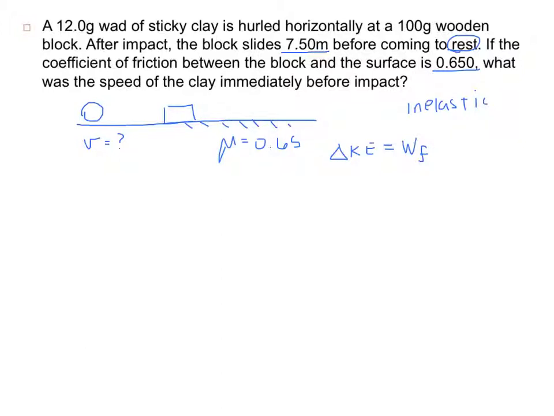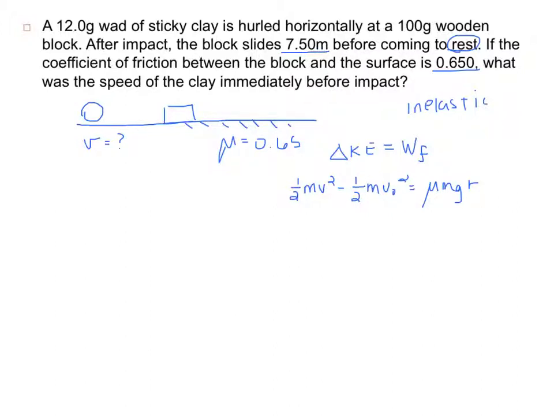So my change in kinetic energy, final kinetic energy minus initial kinetic energy, is equal to the work done by friction, in this case mu mg times r, our distance traveled.